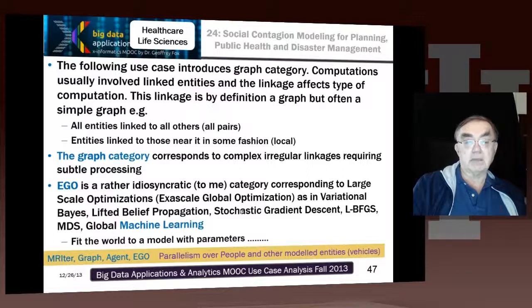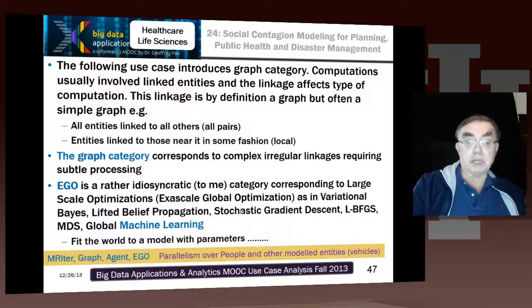In the simulation world, things are either linked to all others, that's the old pairs model, or they're linked to entities which are near each other, local interactions. That's typical of material interactions. However, you can have much more complex interactions. So everything's a graph, but the graph category really corresponds to a complicated graph with complex, irregular, possibly time dynamic linkages, which require very subtle processing.